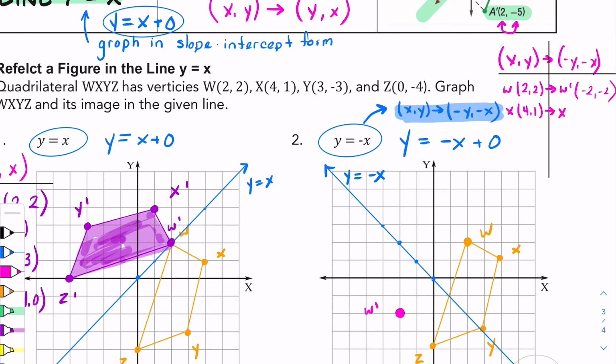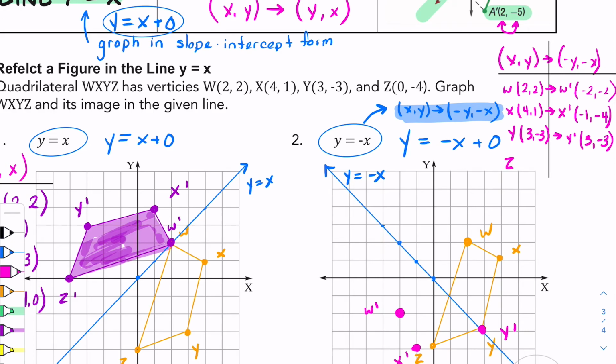I'm going to change the points and make them both negative for X prime at negative 1, negative 4. Point Y is at 3, negative 3. Y prime is going to be at positive 3, negative 3. You switch the points, but you also make them both negative. That point reflects onto itself. So Y prime is in the same location.